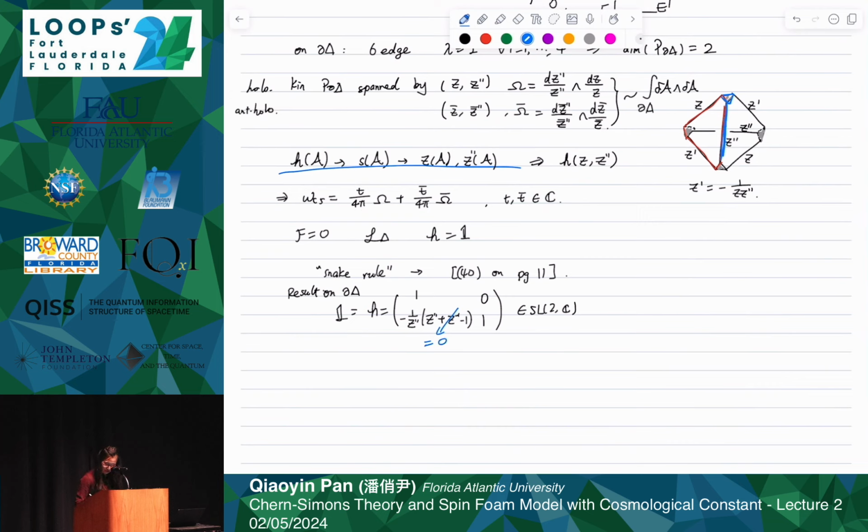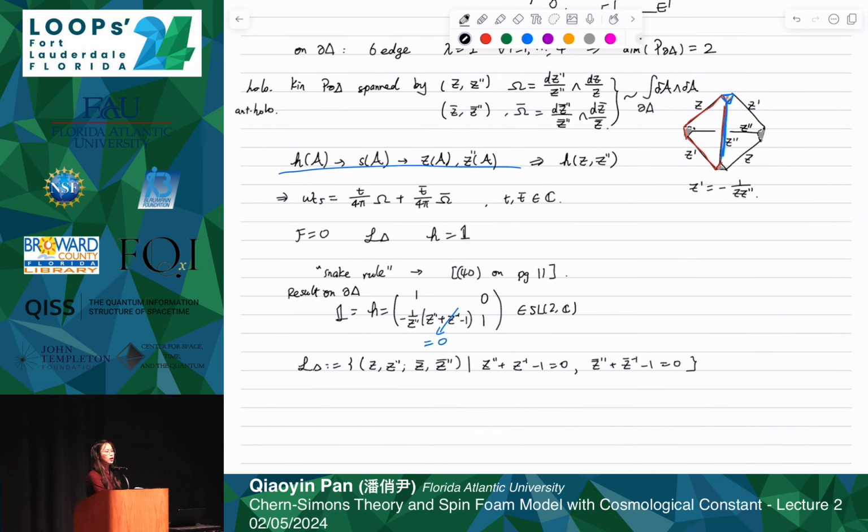So the Lagrangian submanifold, I can write it using the FG coordinates. It is defined by the coordinates z and z double prime, and also the complex conjugate part, such that they satisfy z double prime plus z inverse minus 1 equals 0, and also the complex conjugate part, bar minus 1 equals 0.